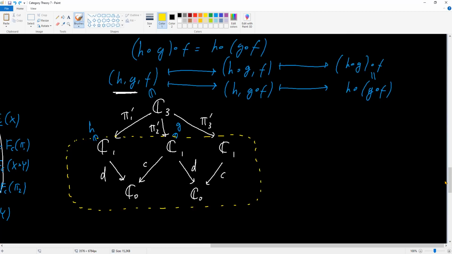So this you will have to believe, because unless you happen to have done the homework, we haven't yet computed all kinds of limits in the category of sets. So we don't have yet a precise understanding of this limit. But it turns out that when you work it out, it actually will be what we want. If you have a good intuition for pullbacks already, it will not be hard to believe that this should be so.